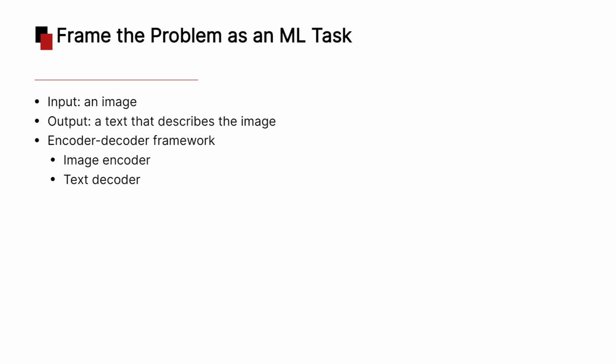The decoder can be an LSTM, GRU, or more recently, a transformer-based language model. It uses the image features to inform its token predictions so that the generated text accurately reflects the objects, actions, and relationships present in the image.